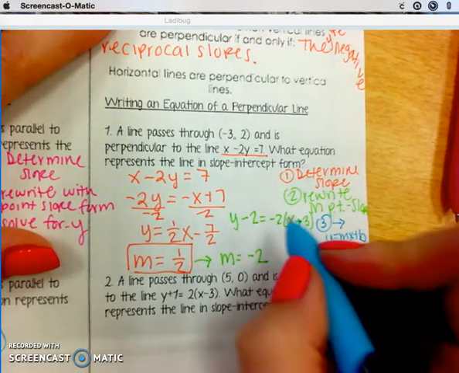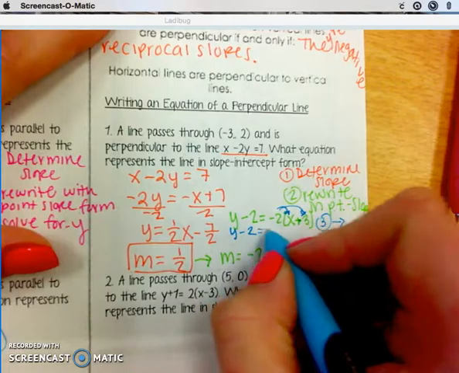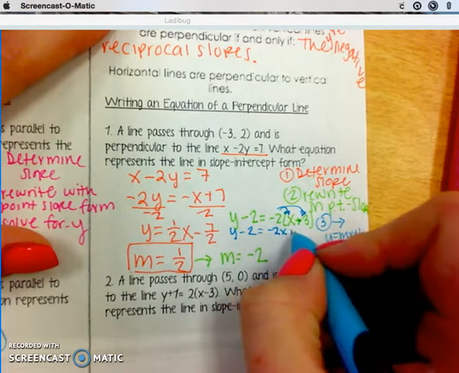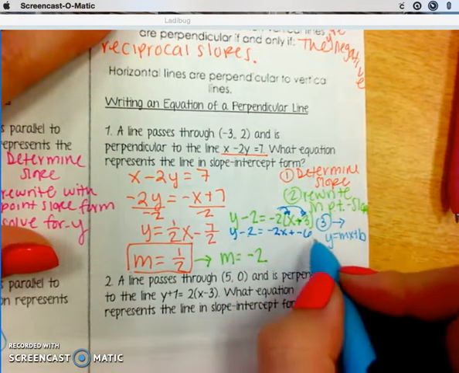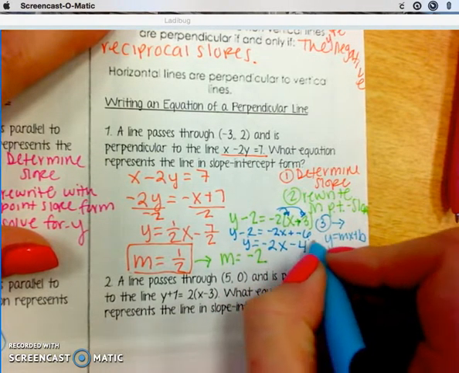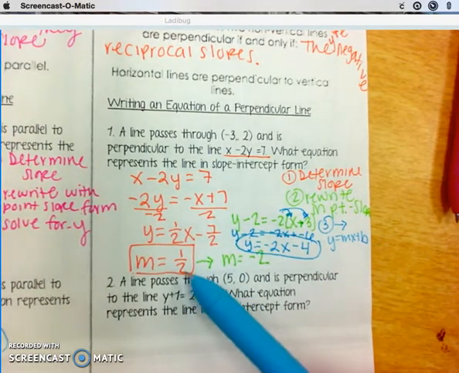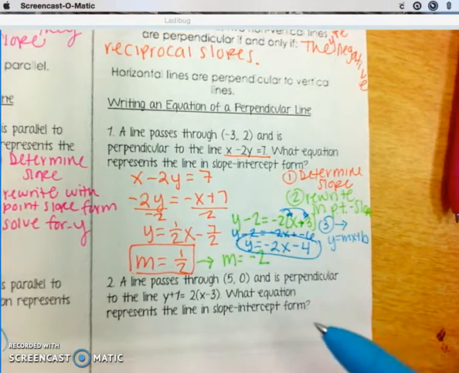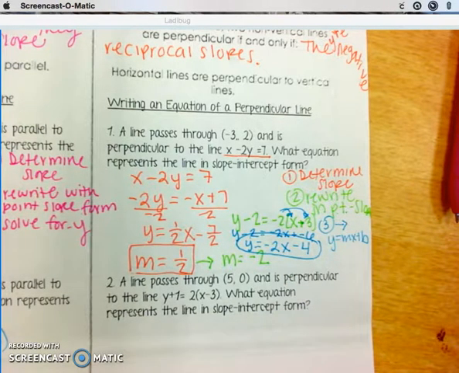So solving for y, distributing: y minus 2 equals negative 2x minus 6. Add 2, y equals negative 2x minus 4. So 1/2 and negative 2 are opposite reciprocals, so they are perpendicular to each other. They come in at a T.